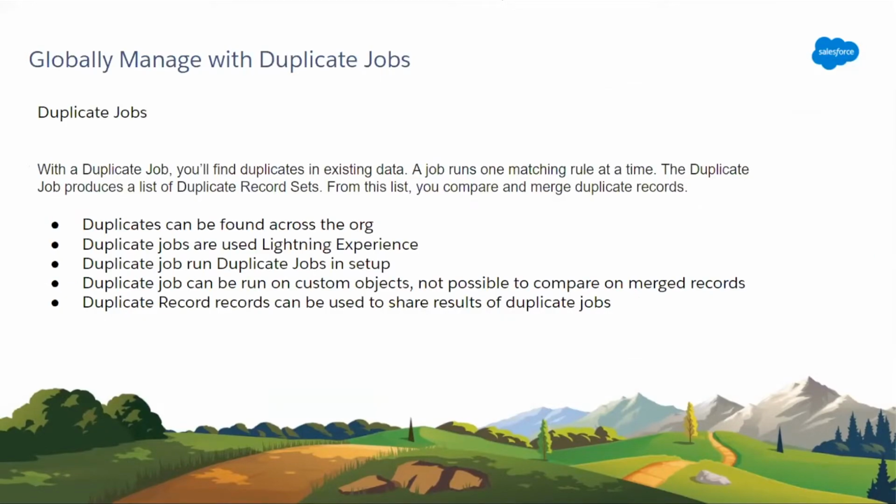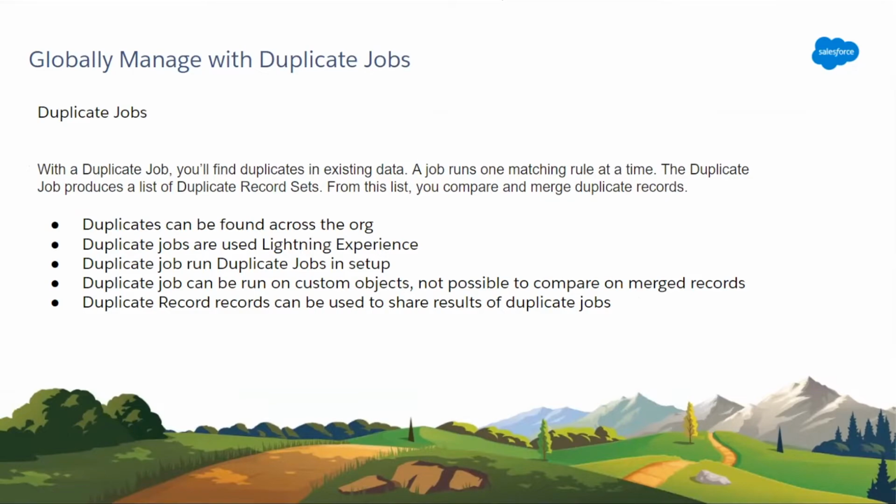There's a lot of relation between duplicates, duplicate rules, and duplicate jobs. When you have duplicate rules running, a duplicate job will help you find those duplicates in existing data. You can run matches one at a time. You could do it manually through that potential duplicate component, or you can do it from a list.